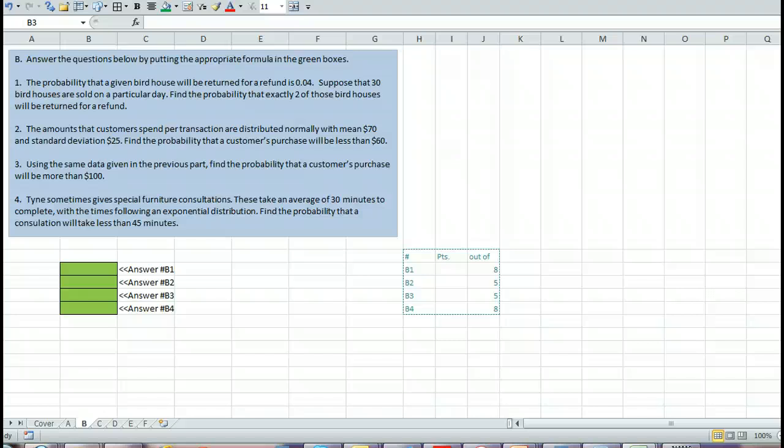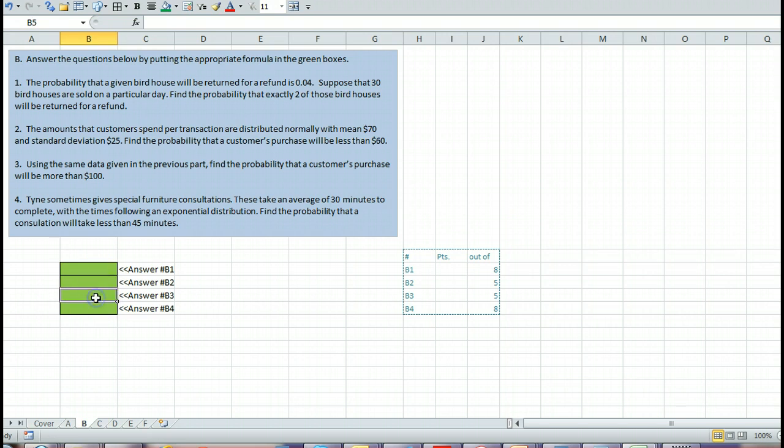You're going to use the appropriate distribution formula in Excel when you have 2 possible outcomes, and that's described for you in chapter 2. We talked about several types of distribution: exponential distribution, normal distribution, binomial. So you'll select the correct one to use here for problem B1 based on the fact that there are 2 possible outcomes.